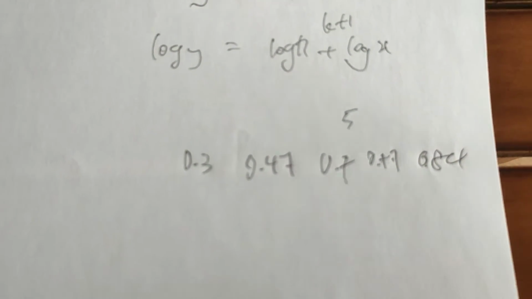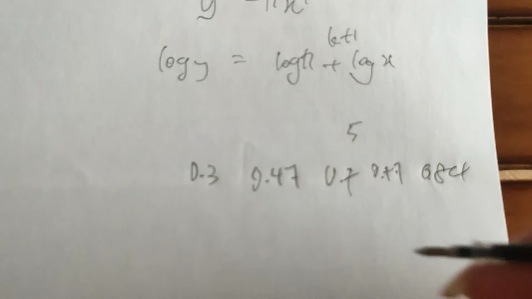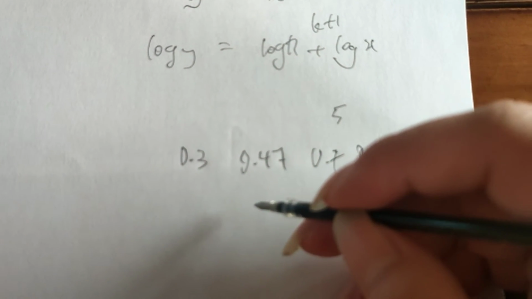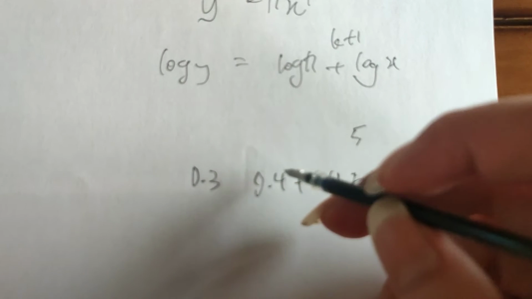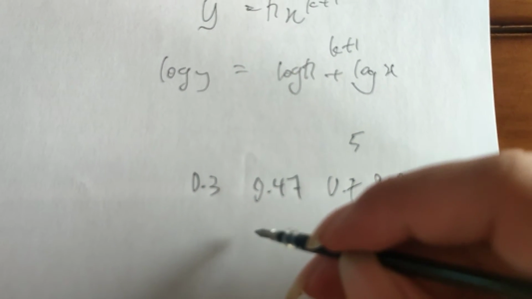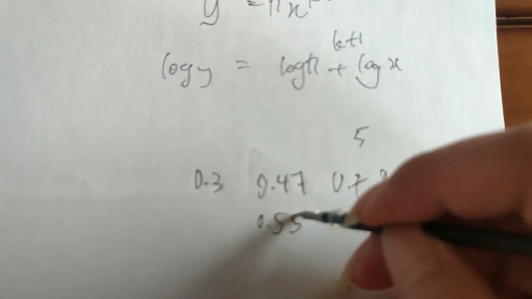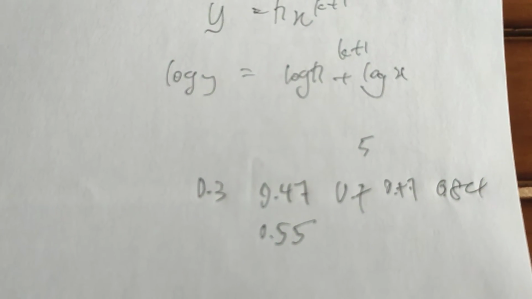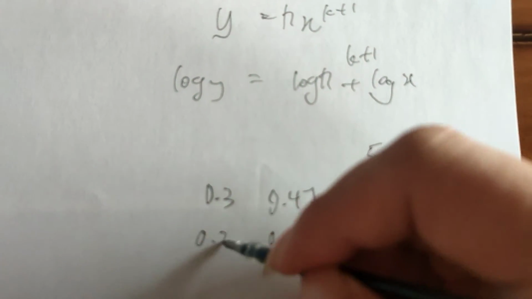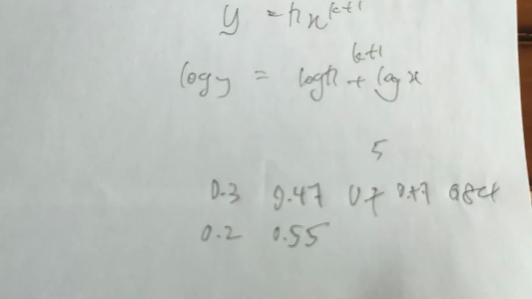when x is 3.61, no, that is y. That is when x is 3. And when x is 2, then it's this.